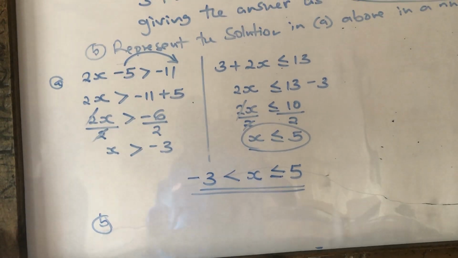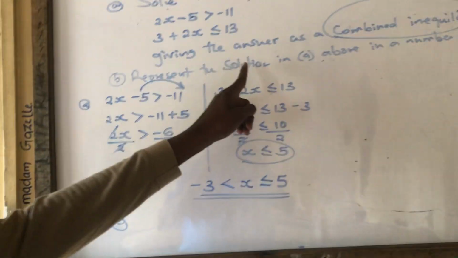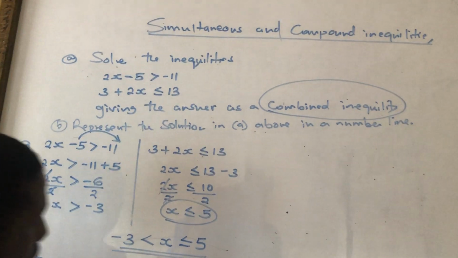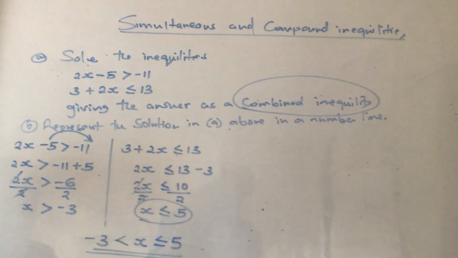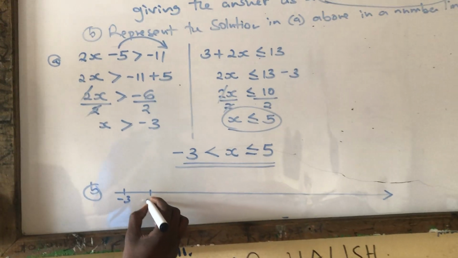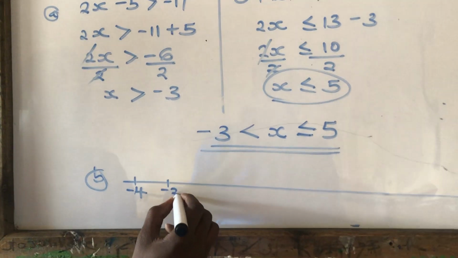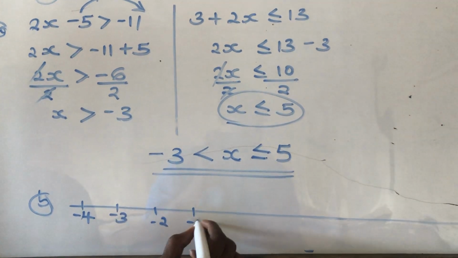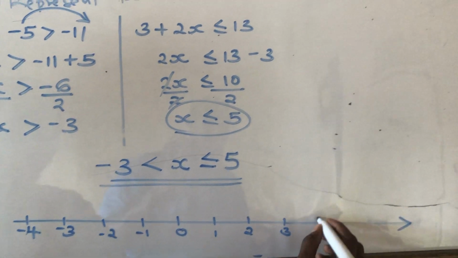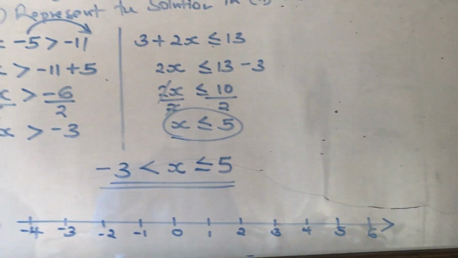Which now brings us to part B. What is part B asking? It is asking you to represent the solution on a number line. How do we represent this on a number line? Let's have -4, though we don't need it. -4, -3, -2, -1, 0, 1, 2, 3, 4, 5, and maybe 6.